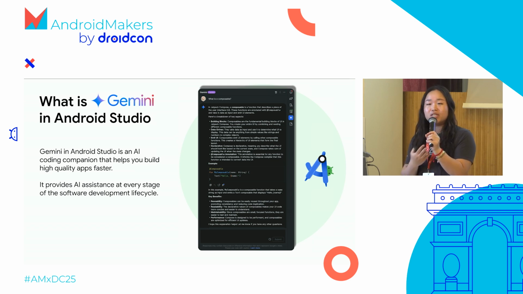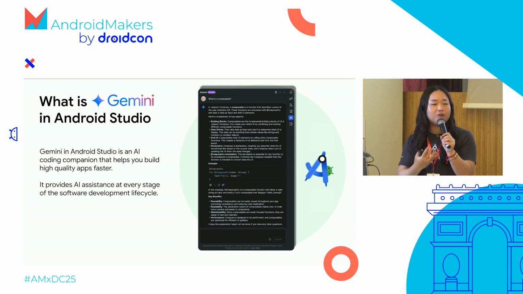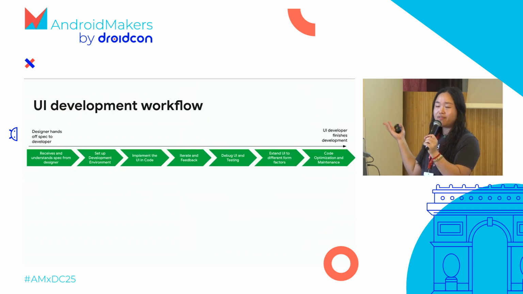There's the chat interface where you can ask specific questions about Android, but we've also been integrating into a lot of IDE features like autocomplete, transform, and code suggestion, and you can also ask Gemini about your build errors and crashes. The idea is that we want to provide AI assistance at every stage of the software developer lifecycle. Today we're going to focus on UI development.